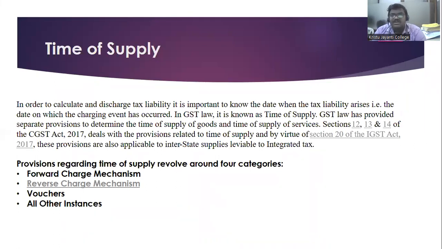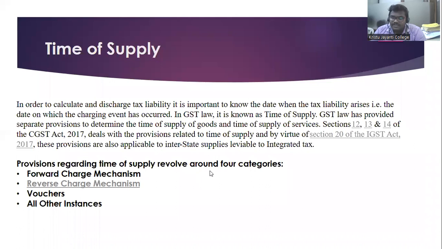These are discussed under sections 12, 13 and 14 of the CGST Act 2017, which deal with the provisions related to time of supply, and by virtue of section 20 of the IGST Act, the provisions are also applicable to interstate supplies under integrated tax.